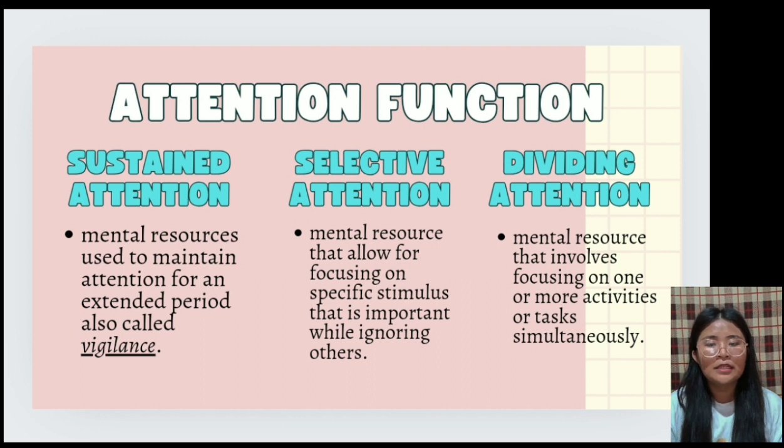First is sustained attention. These are mental resources used to maintain attention for an extended period, also called vigilance. It is the ability to maintain focus on a specific task or stimulus over a prolonged period of time. Second is selective attention. These are mental resources that allow for focusing on a specific important stimulus while ignoring others.